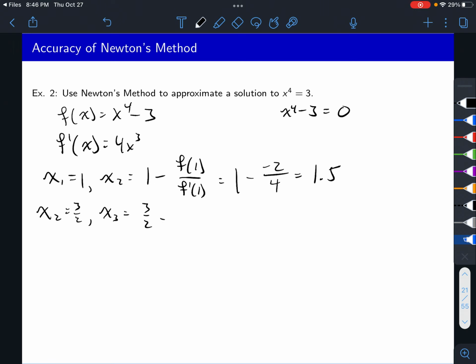x3 would then be equal to 3 halves minus f of 3 halves over f prime of 3 halves. So this is 3 halves minus f of 3 halves, which is 3 halves to the fourth minus 3, over 4 times 3 halves cubed.